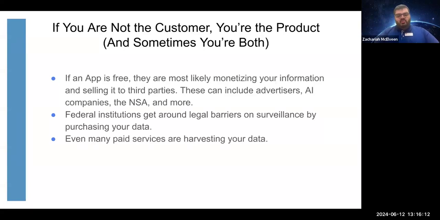So governments around the world are able to get past legal barriers on surveillance by simply purchasing your data. If you're giving away your information willingly for free on the internet, then they can buy that. And so you're not just sharing your information with one company, you're potentially making it available to everybody.